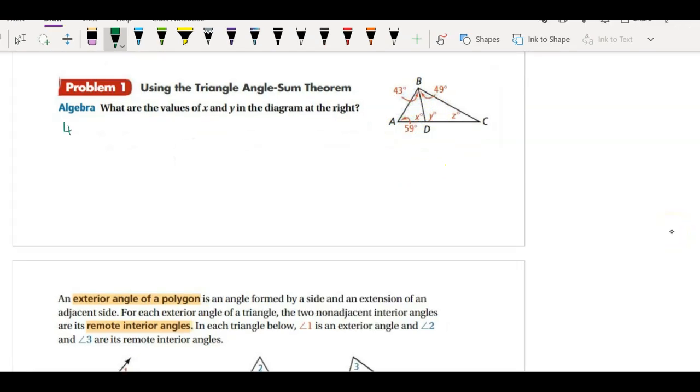I can say 43 plus 59 plus x equals how much? 180. So that adds up to give me 102 plus x equals 180. Subtract 102 from both sides. So x is equal to 78.